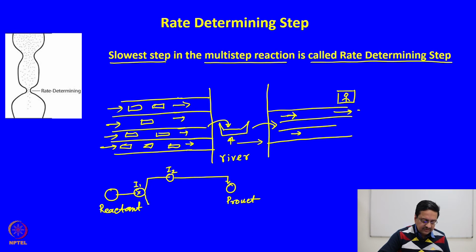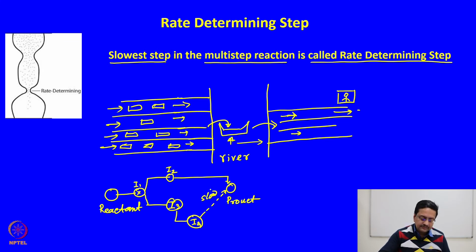It may be possible that it goes through a different route where you have an intermediate I3 which in turn forms a third intermediate I4, and then I4 to the product is slow.